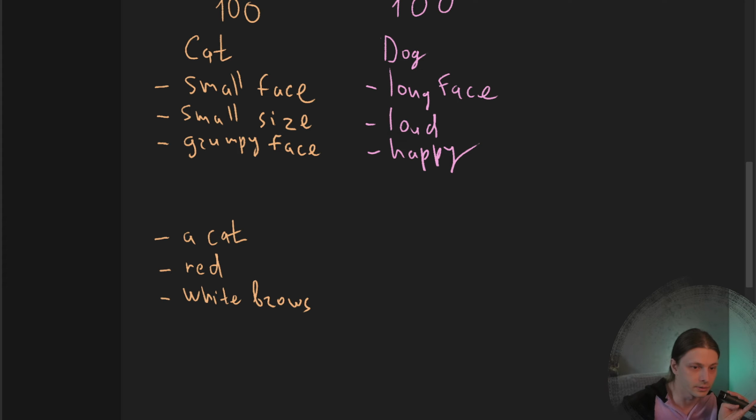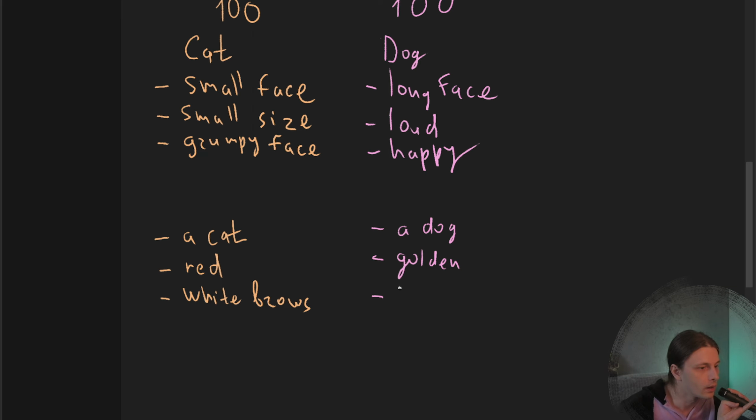And for a particular dog, we may have a list like: it's a dog, so the first property, and the second property is it has golden color. And maybe very long ears.